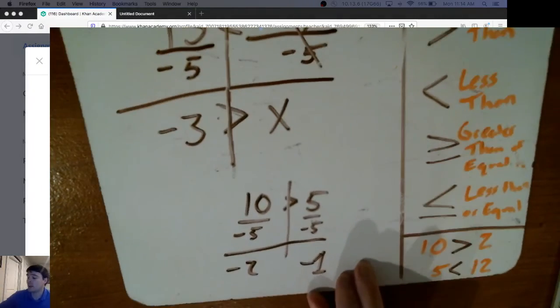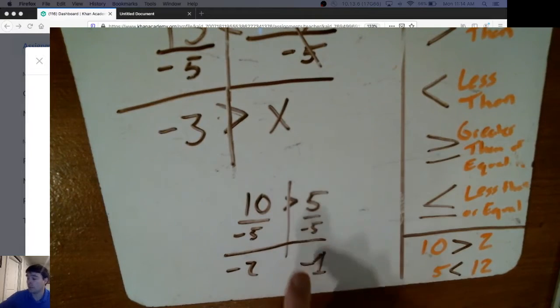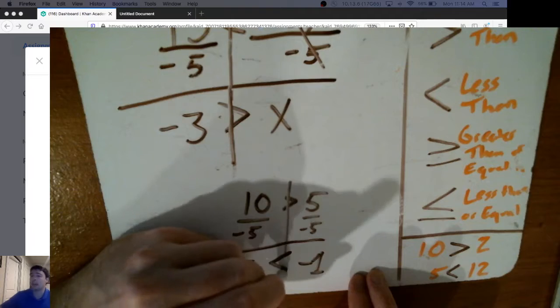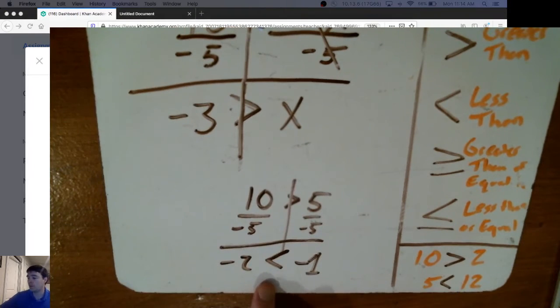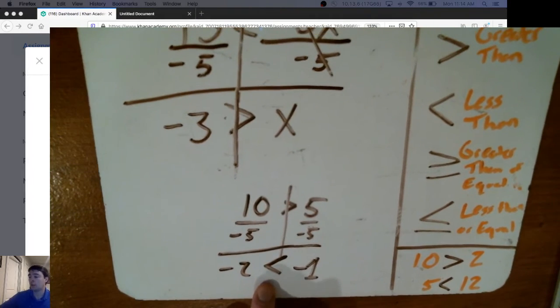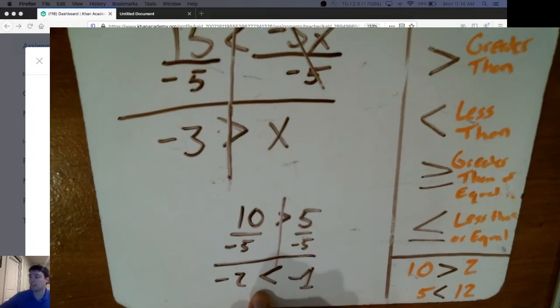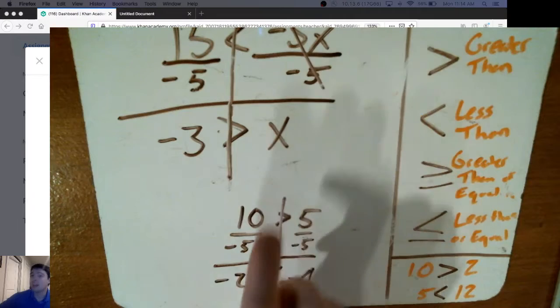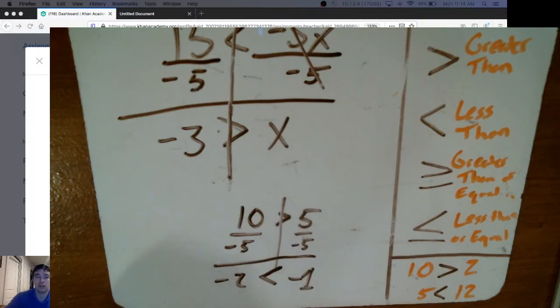And in this case now, negative 2 is not greater than negative 1. Negative 2 is in fact less than negative 1. So here's some of our numeric proof about this one trick we got to learn, which is that if I divide both sides of an inequality by a negative number, I need to flip the inequality sign.